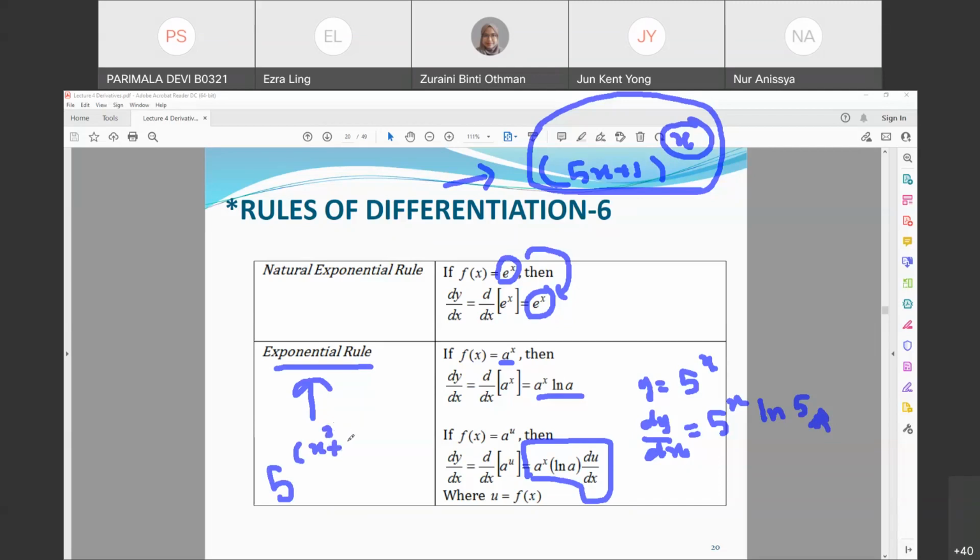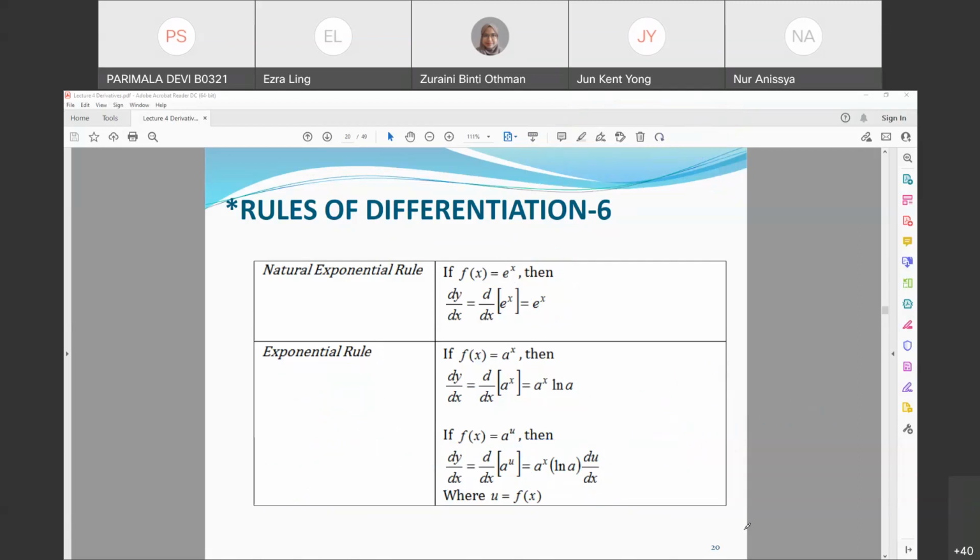X kuasa 2 campur 2. Macam ni. So how can we solve it? Kita ada kuasa kat atas tu. And it is exponential rule by using this type of formula. Okay, kita ada dua soalan. Yang ni, challenge yourself. Please solve these two things.